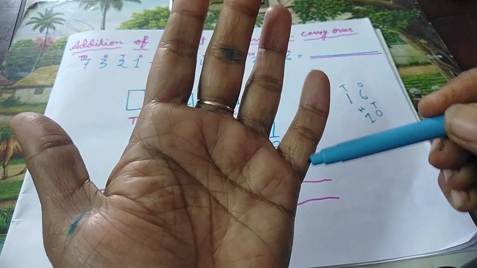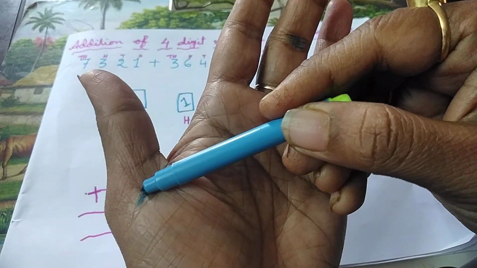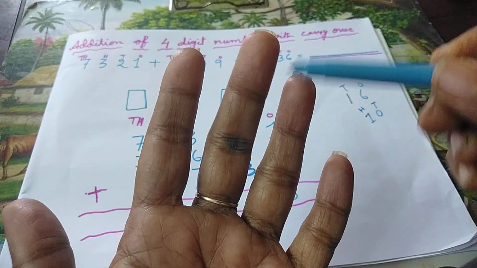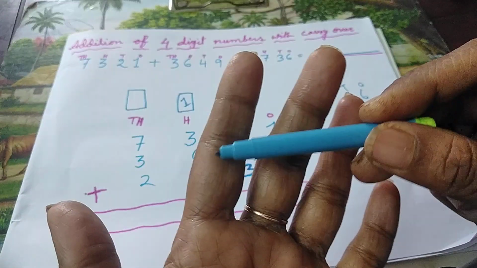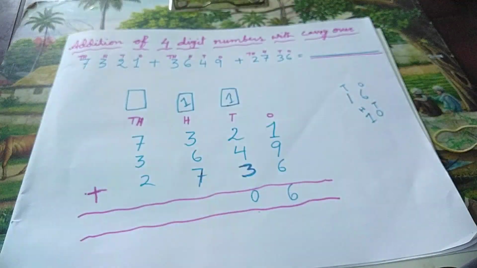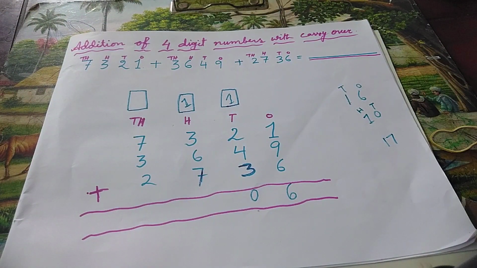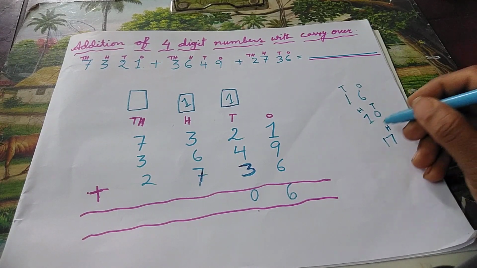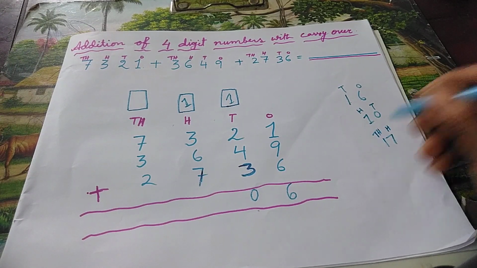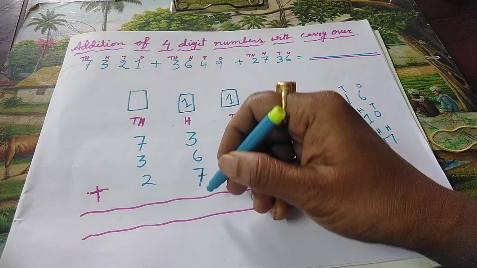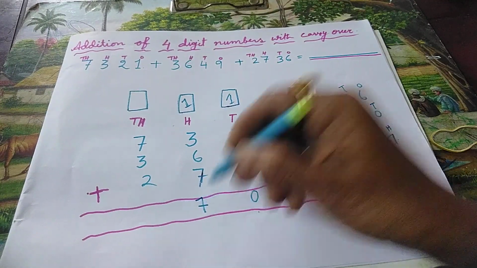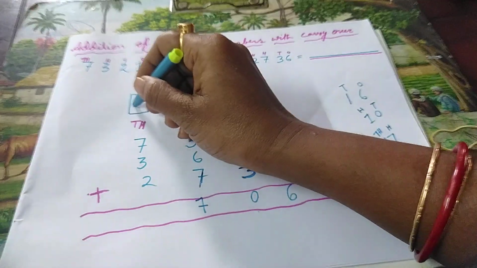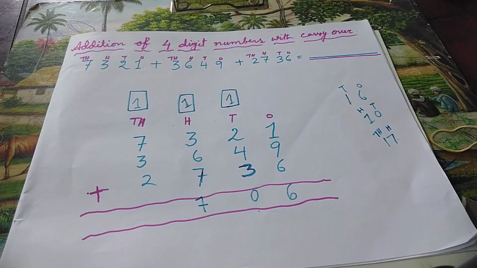See children, from here to here, total how many lines are there in all? 1, 2, 3, 4, 5, 6, 7, 8, 9, 10, 11, 12, 13, 14, 15, 16, 17. 17. 7 belongs to hundreds place, 1 belongs to thousands place. So 7 will sit in hundreds column and 1 will carry in thousands place.